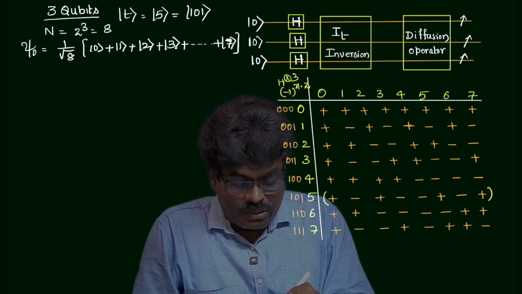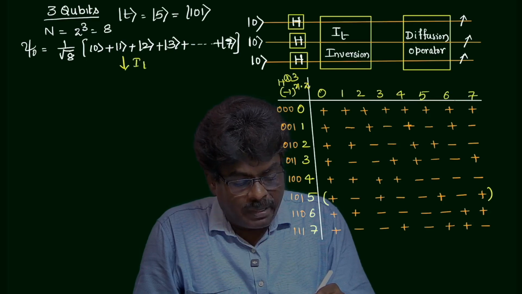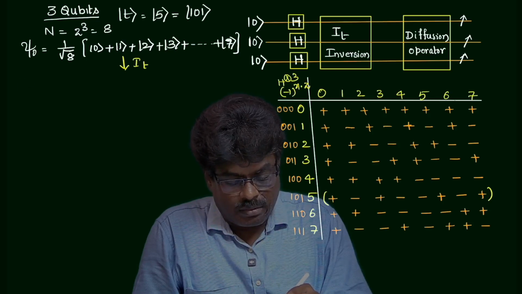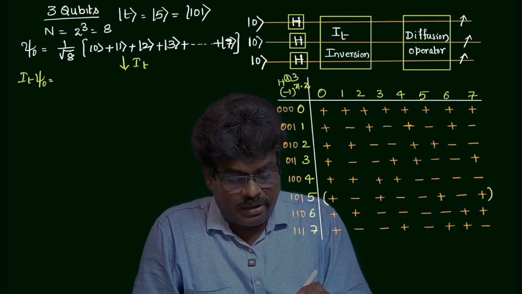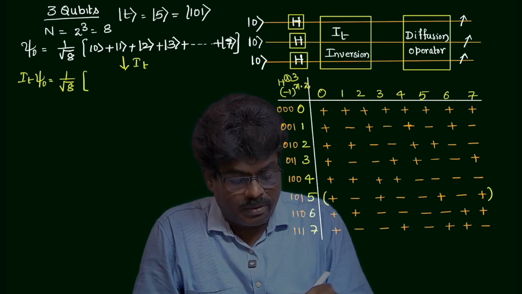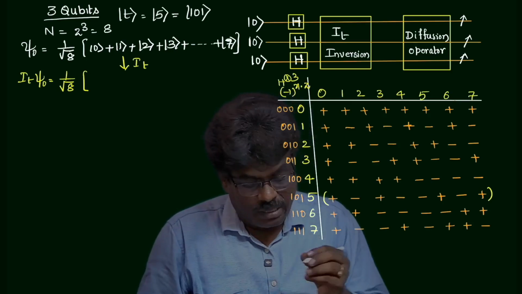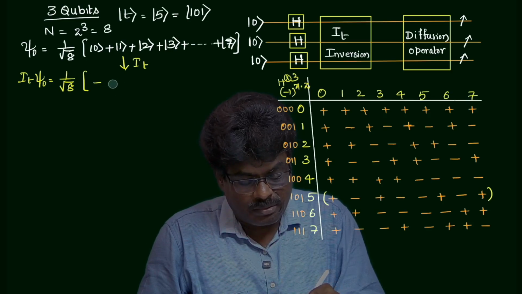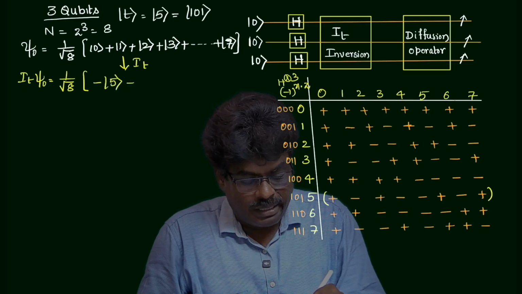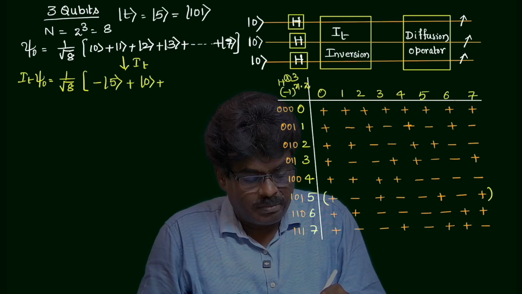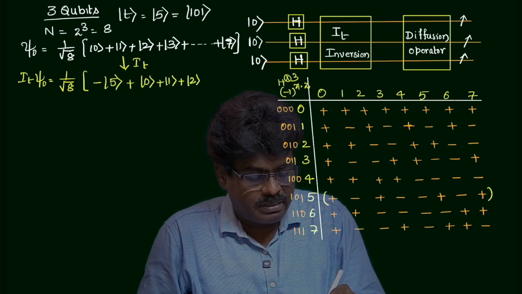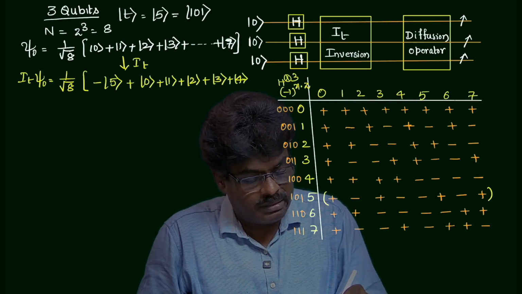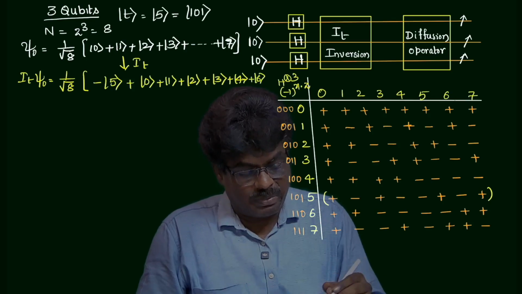Once you operate this inversion operator, it becomes IT operating on psi naught, 1 over root 8. Your target state will become minus, that means minus 5 I am taking here, and the rest of the terms are positive only, plus 1 plus 2 plus 3, 4 and 6, 7. Here there is no space, let me write.